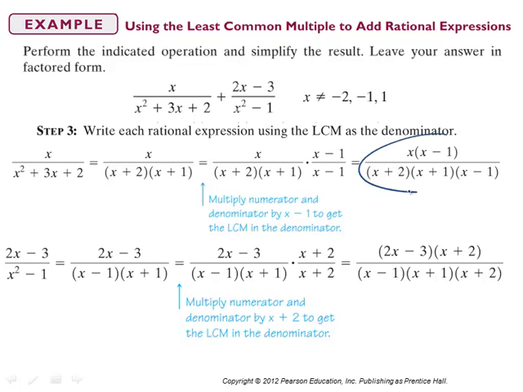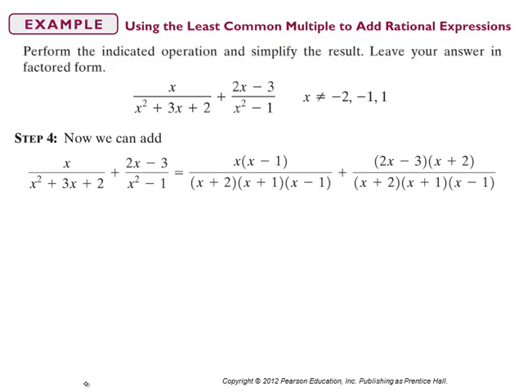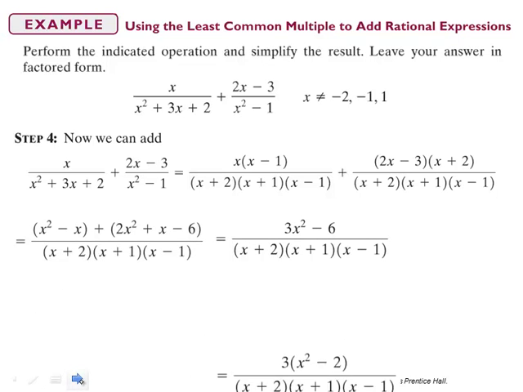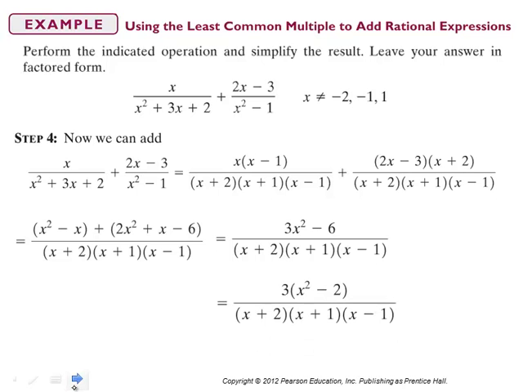So here's our first fraction now with the common denominator of the second fraction. And now we will just multiply out those numerators and add them together and see if you can factor and cancel any common factors between the numerator and denominator, which in this case you can't.